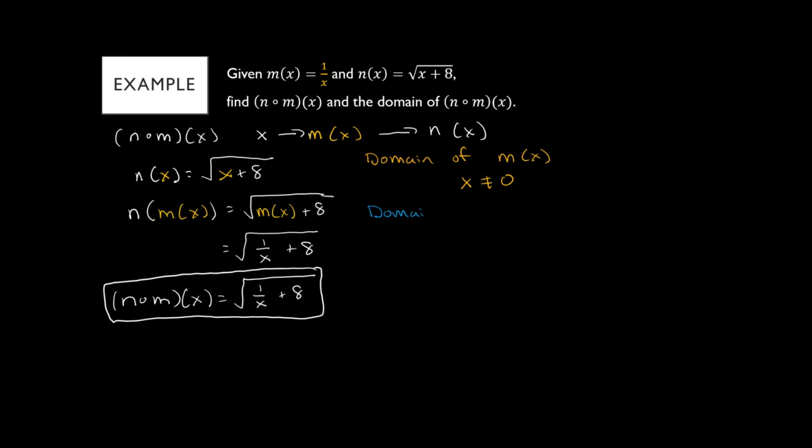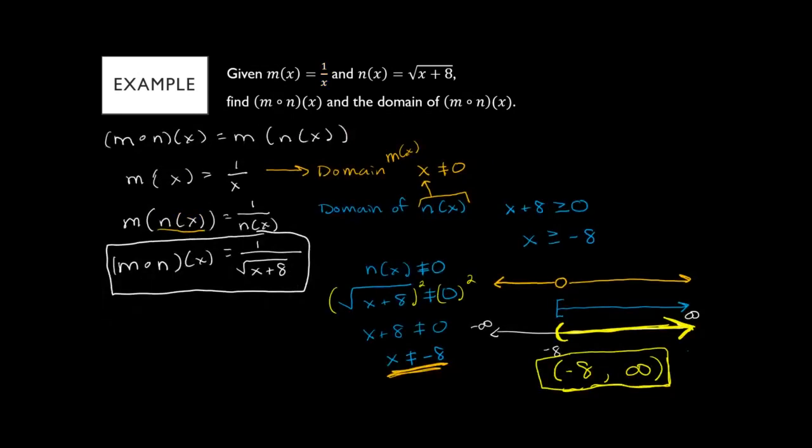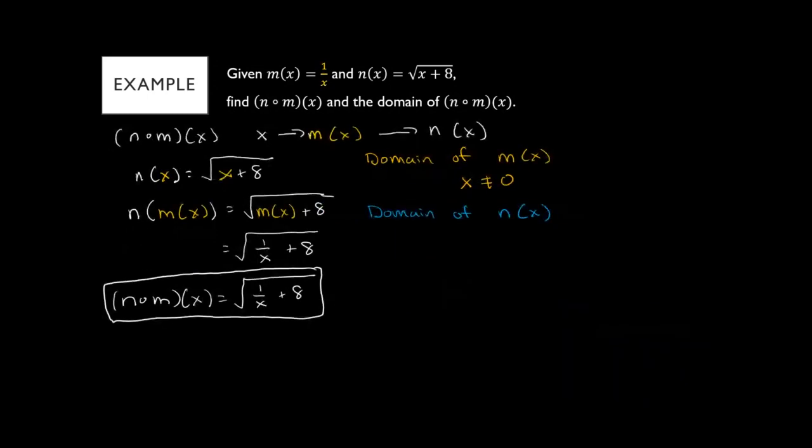Then we've got the domain of n of x. So we found this before. For n of x, x plus 8 cannot be less than 0. This is the nice thing about doing the same function just in the other order. But we're replacing x with m of x. So this becomes m of x plus 8 is greater than or equal to 0, because m is going into n.